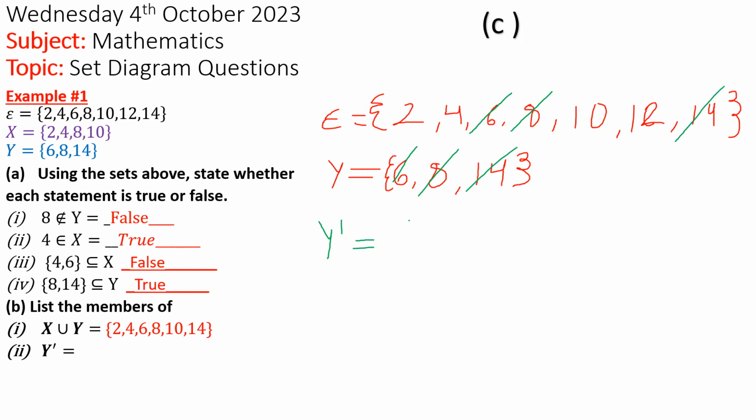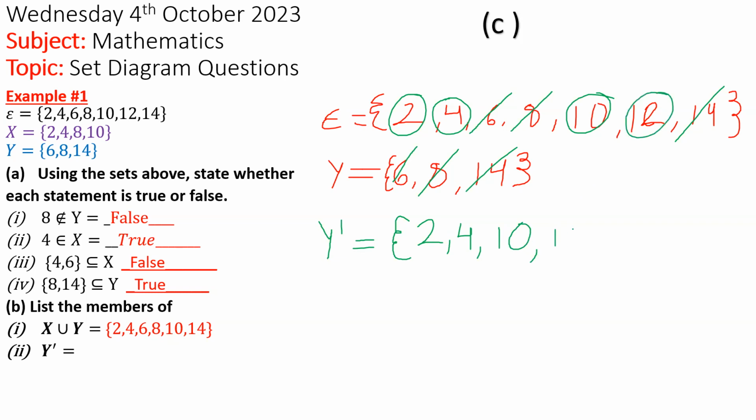Good. So Y complement would consist of which elements? 2, 4, whatever's left, right? 10, 12.